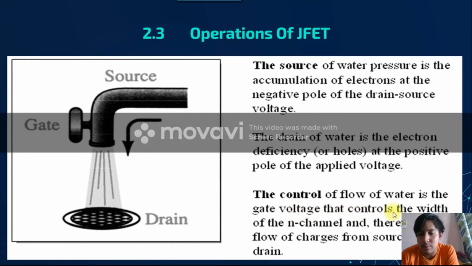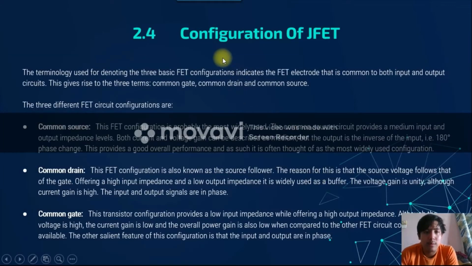voltage that controls the width of the N-channel and therefore the flow of charge from source to drain. And number four is configuration of JFET.